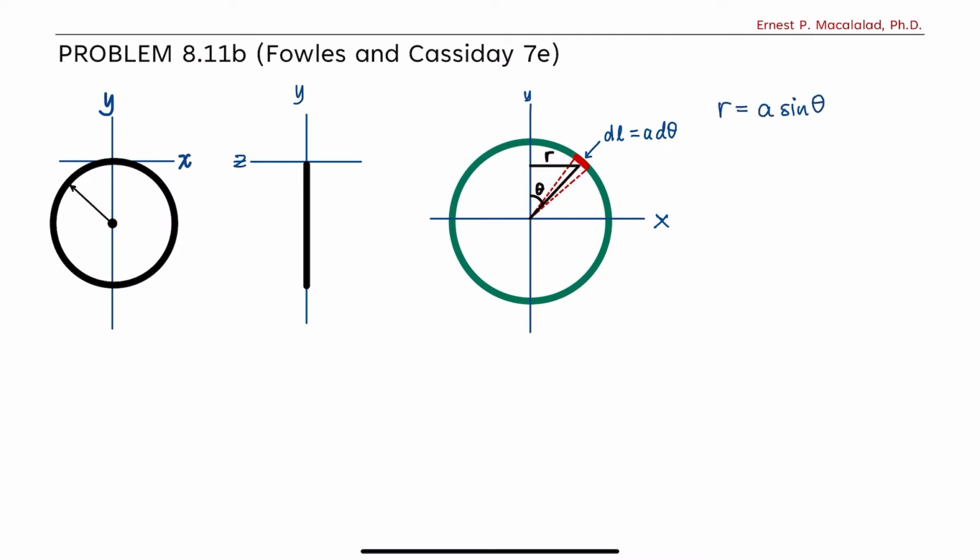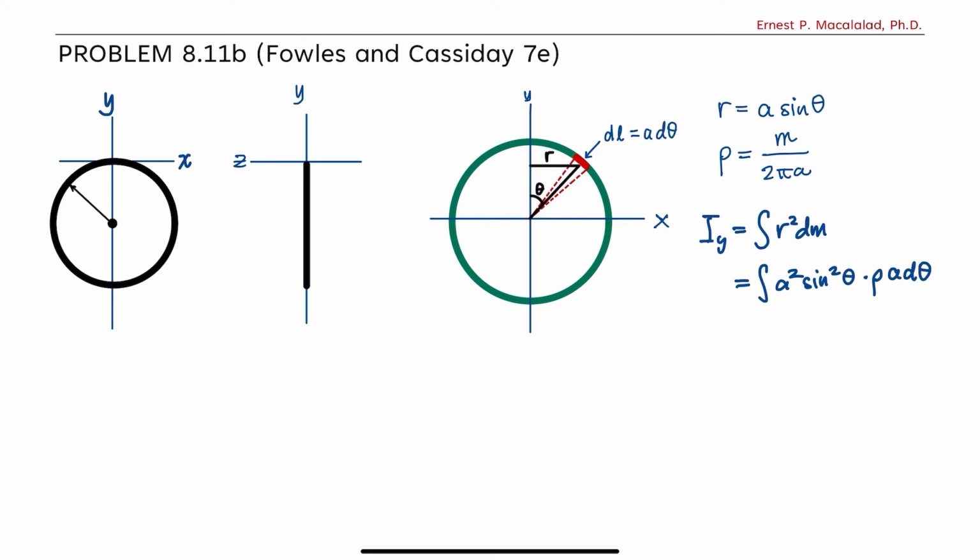We know for a fact that the density is uniform and is equal to the mass divided by the circumference of this loop, which is 2 pi a. So the moment of inertia about the y-axis is calculated as the integral of r squared dm, which is equal to the integral of a squared sine squared theta times rho times dl, where dl is a d theta.